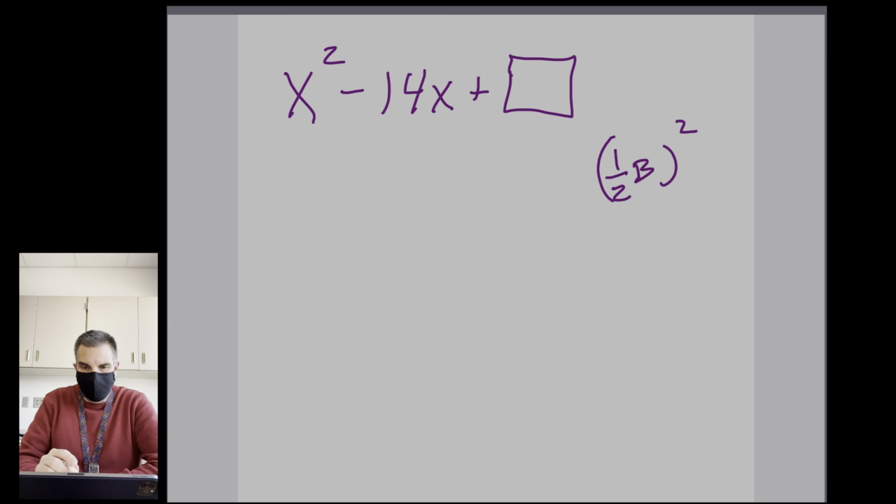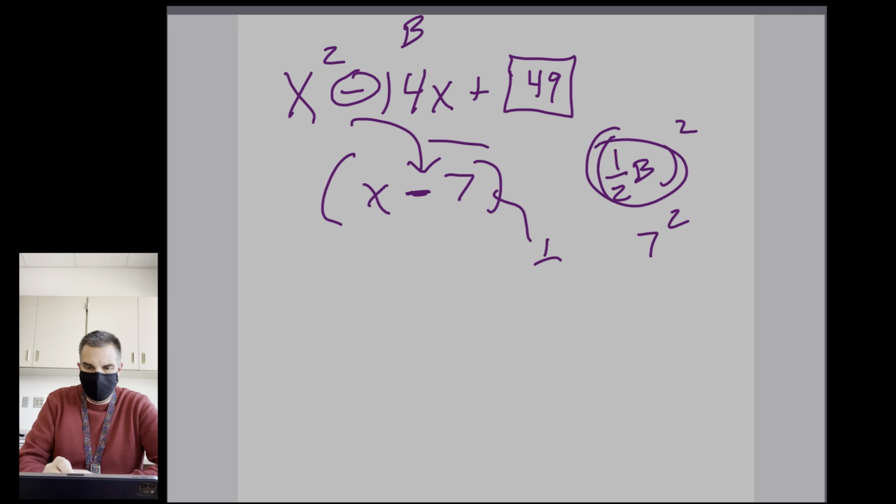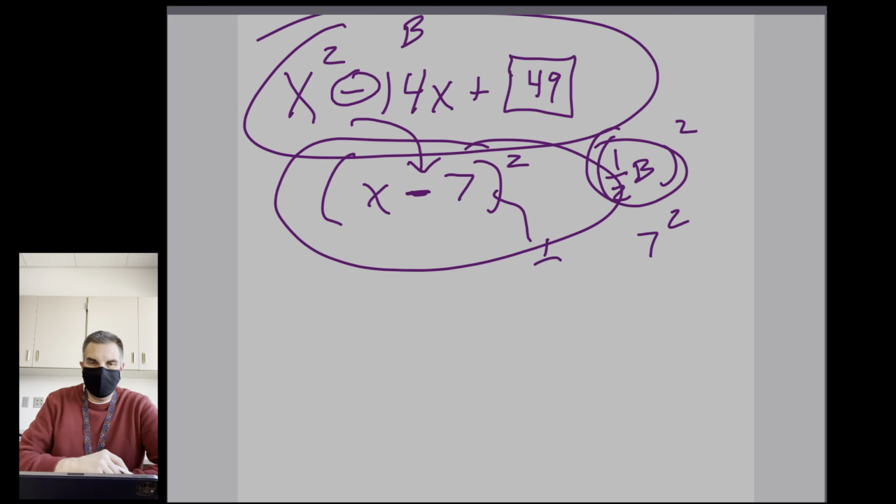So 1/2 of b, my b value is 14. 1/2 of b is 7. 7 squared is 49. 49 completes the square. If you were going to factor it, it's x, this symbol, and this symbol are going to be the same. To figure out what goes there, we said it was 1/2 of b, which was right here, which we just said was 7.